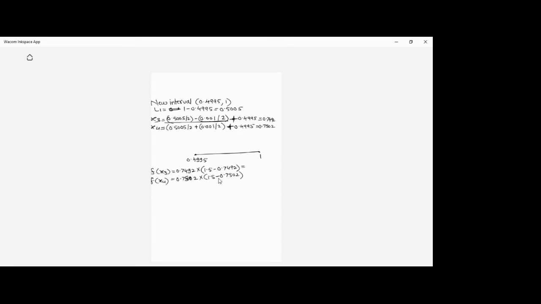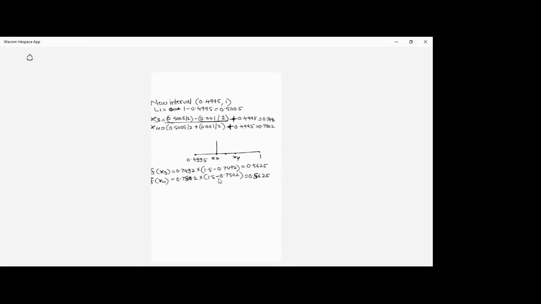If you do this calculation, you'll be getting the value of 0.5625, and here you'll also be getting the value 0.5625. Here somewhere were your x3 and x4.